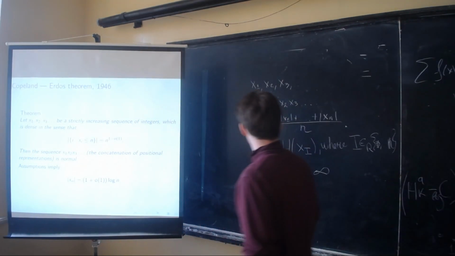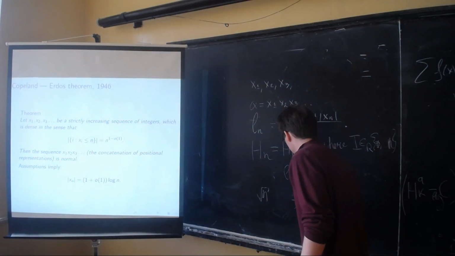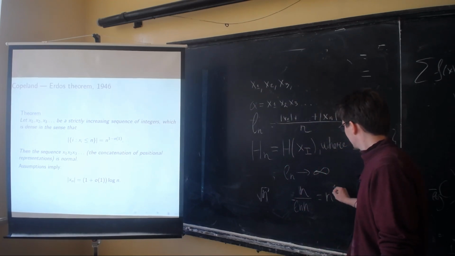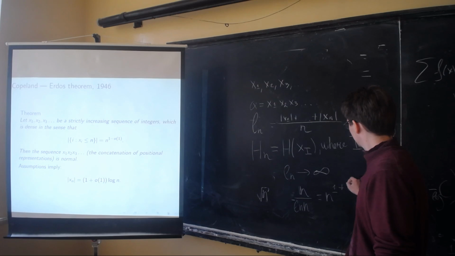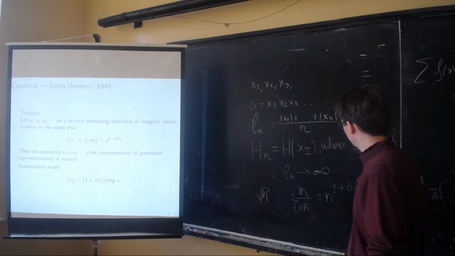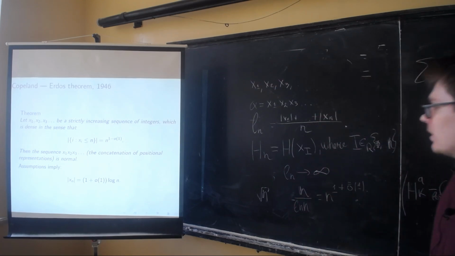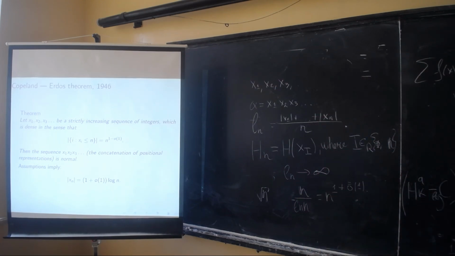But if you have something like n log n, then this is good for us, because this is n to the power 1 plus small o of 1. So then the sequence is normal.